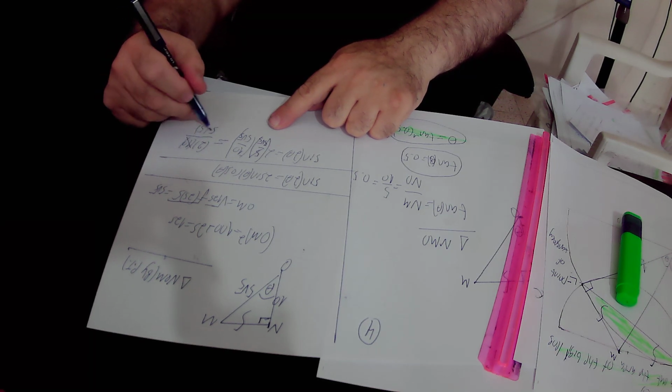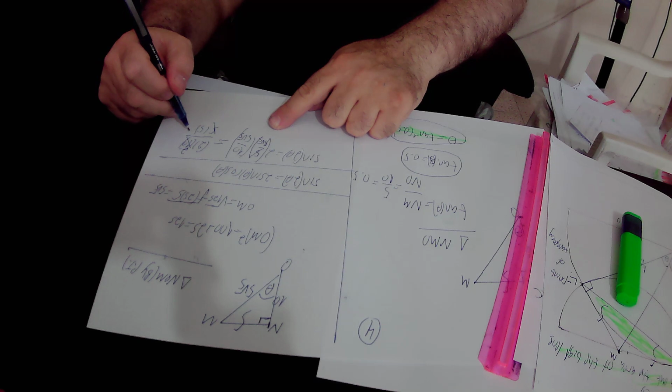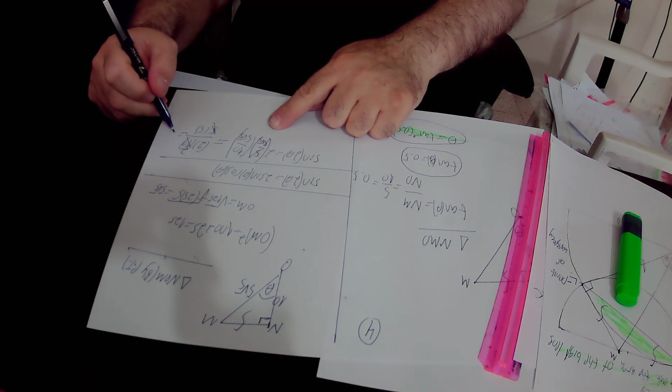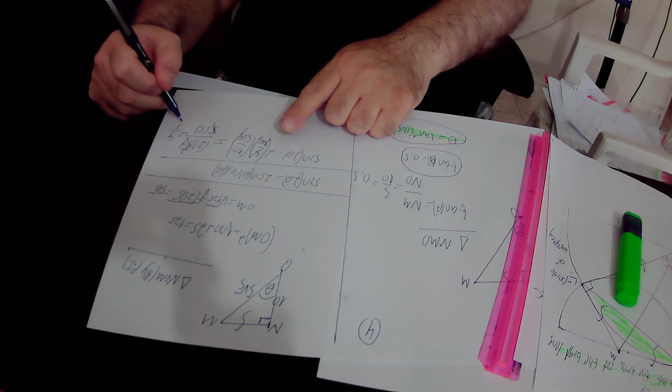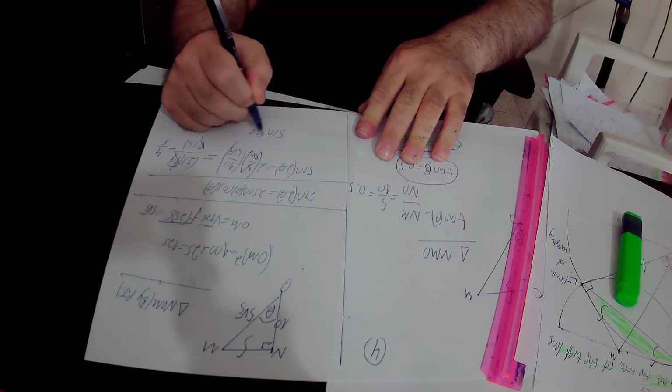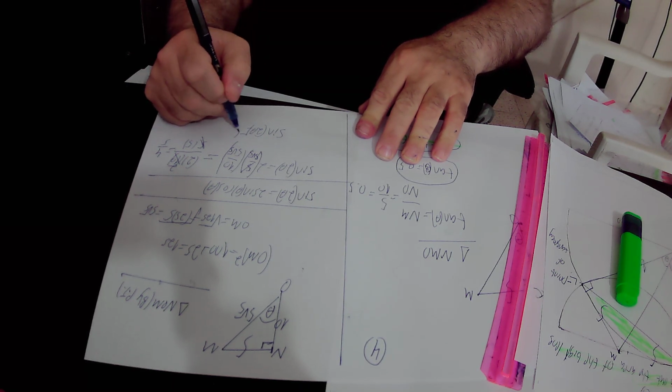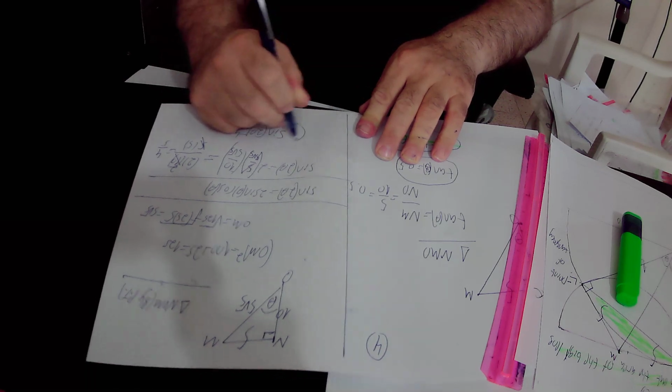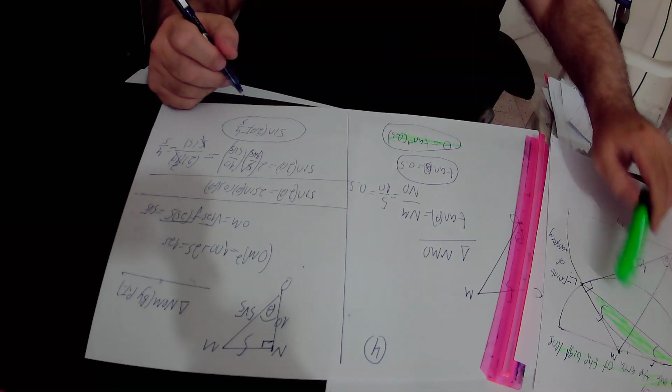Here 10 over 5 is 2. So in the numerator we have 2 times 2, that is 4. In the denominator we are left only with 5. So in conclusion, we found out that sine 2 theta equals 4/5. Okay, sine 2 theta equals 4/5.